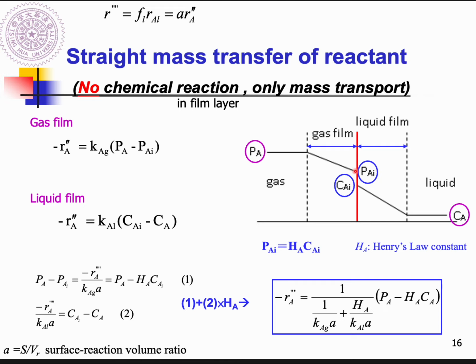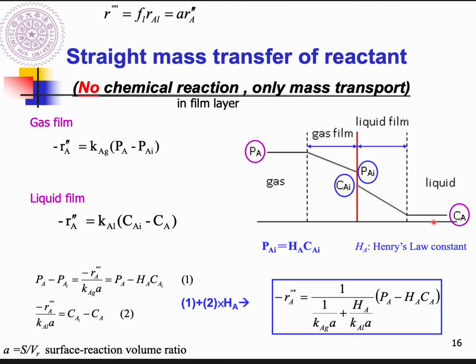And when it arrives at the liquid phase, based on Henry's law, we can get the solubility of reactant A in the liquid phase. Then the concentration of reactant A will decrease as a function of location, and when it reaches the bulk liquid, it will remain constant.